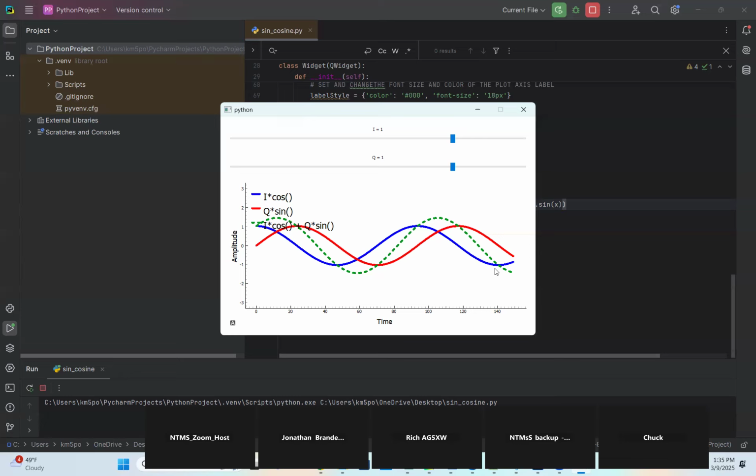So that's the sum of the two. This is what happens when we add two 90-degree sinusoids. They produce a third that is this amplitude, as the green dotted line shows, and phase that's shown.